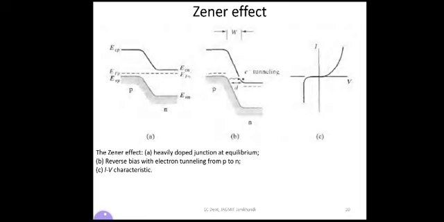Whenever the electric field enables tunneling of electrons from the valence band to the conduction band of a diode or semiconductor, it leads to a very large number of free minority carriers.